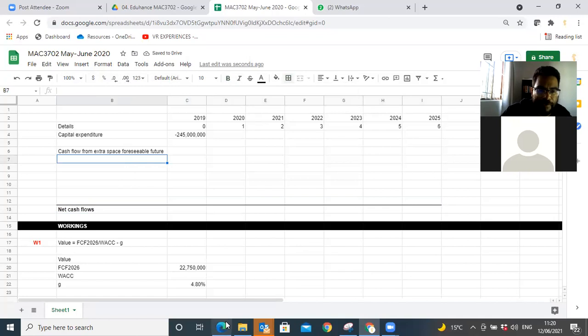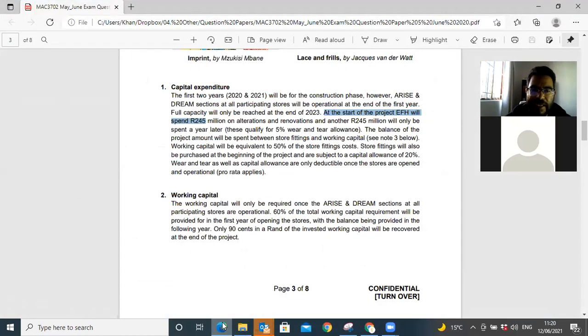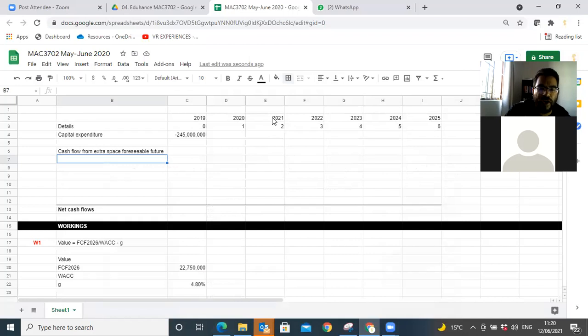Then they said another 245 will only be spent a year later. The first was spent at the start of 2020; the second will be spent at the start of 2021. The same principle applies. The amount you spend at the start of 2021 can't go in the 2021 column, because the 2021 column represents the end of 2021.